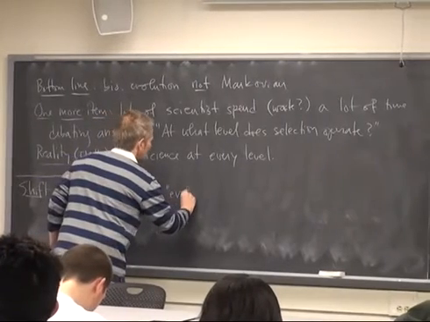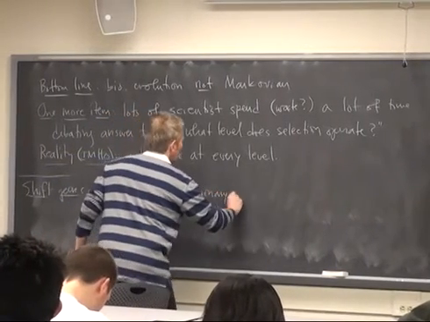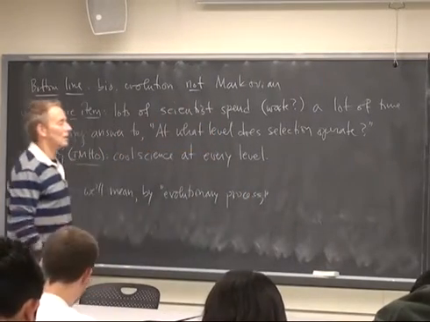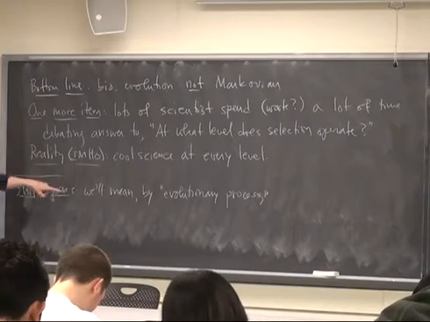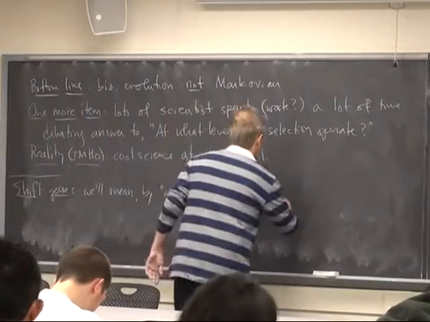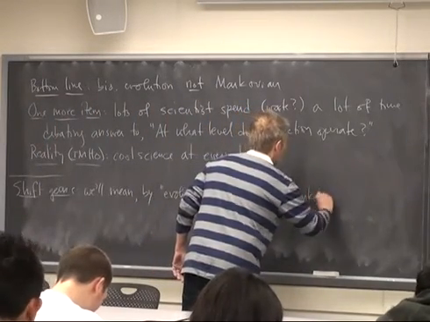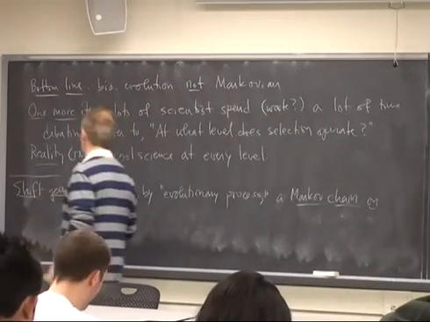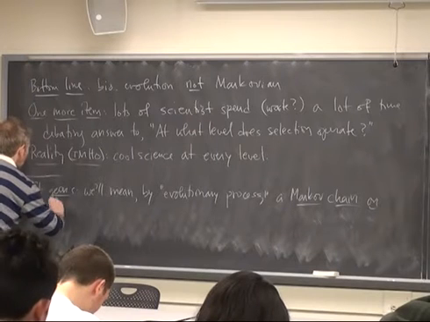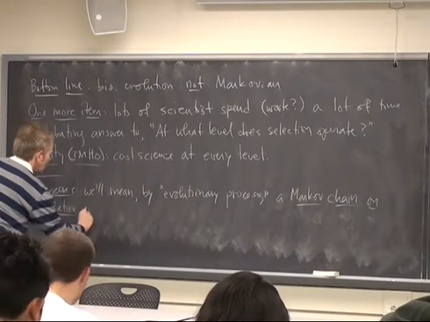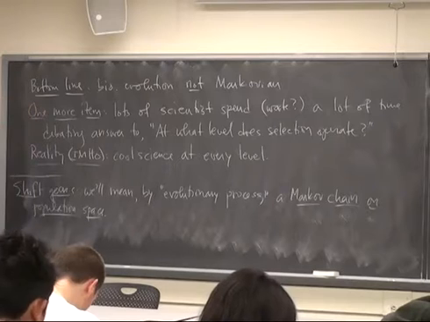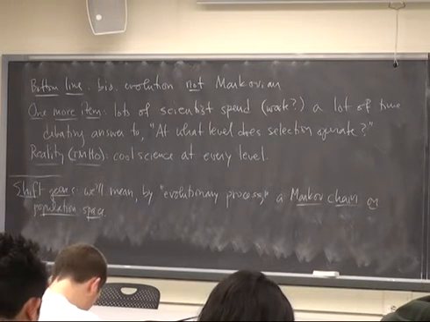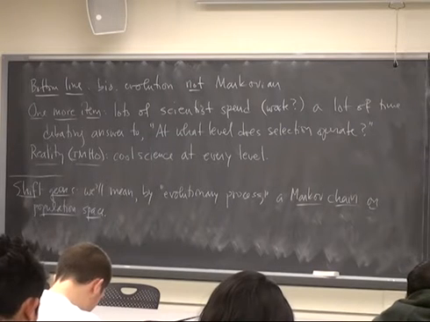The phrase evolutionary process, notwithstanding the non-Markovian-ness of biological evolution, what we're going to mean is a Markov chain on population space. And if there's one phrase that's going to come up more than any other over the course of the semester, it's going to be that, Markov chain on population space.